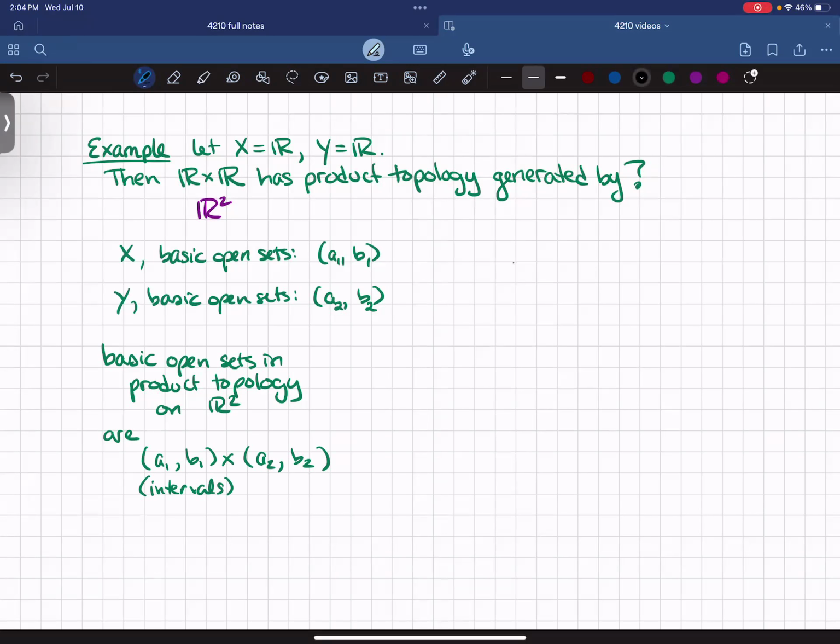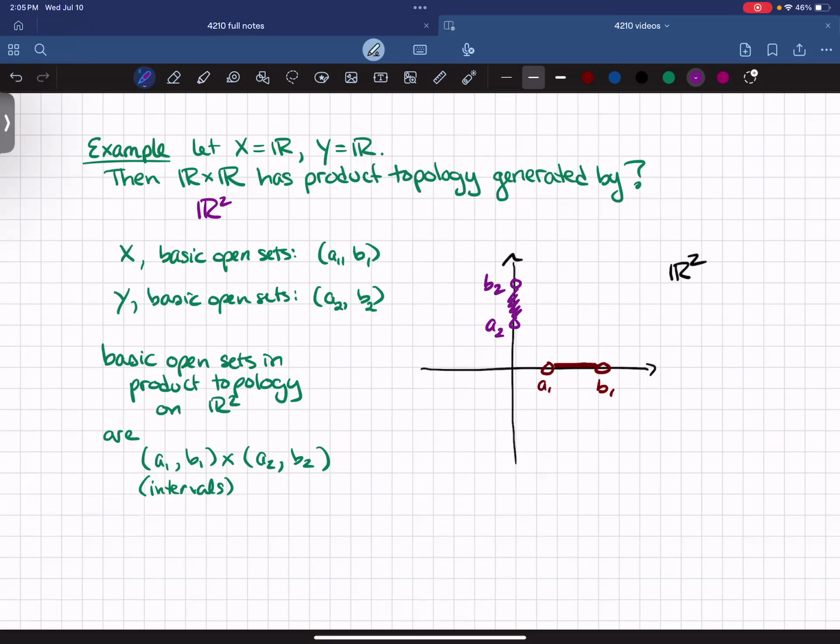So let's graph a typical basic open set. I'm in the space R2, or R cross R. I'll look at an open interval on the first coordinate, down here, something like that. This would be my A1, B1. Then I'll look at an open interval on the vertical axis. That would be my A2, B2.